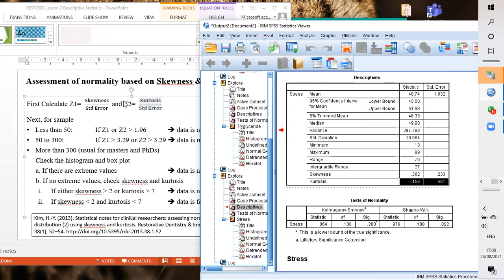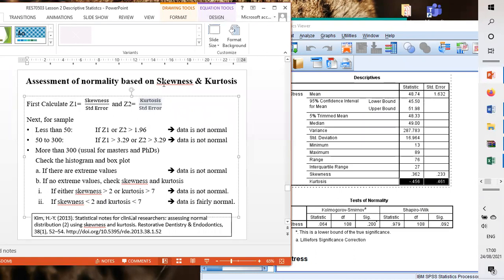Based on these two, how do we assess normality? For sample size less than 50, a small sample, if either Z1 or Z2 is more than 1.96, the data is not normal. Both must be less than 1.96 to consider it normal.